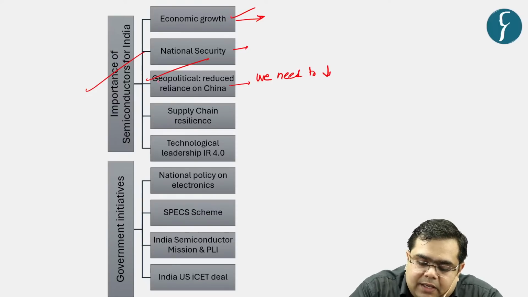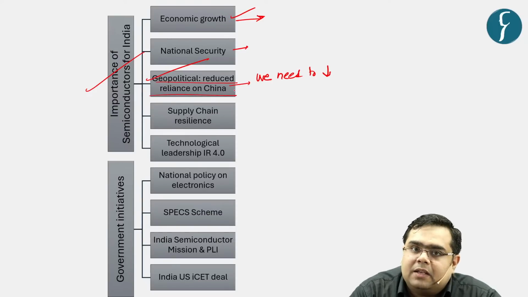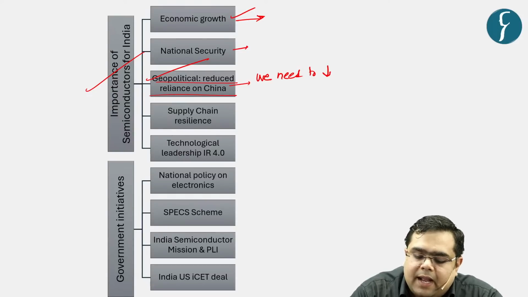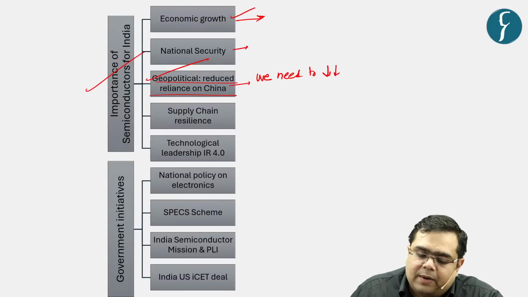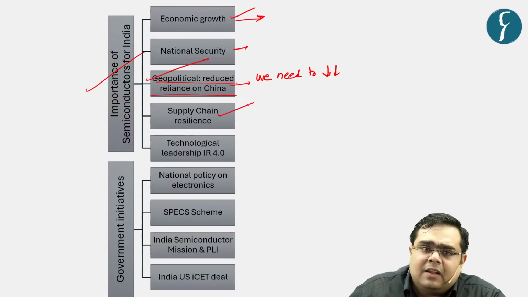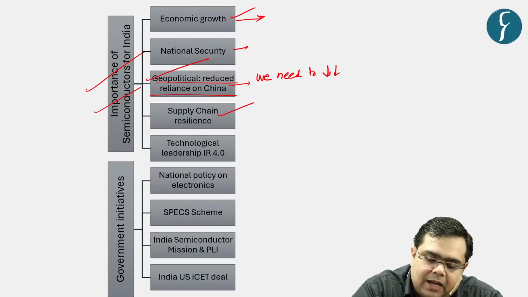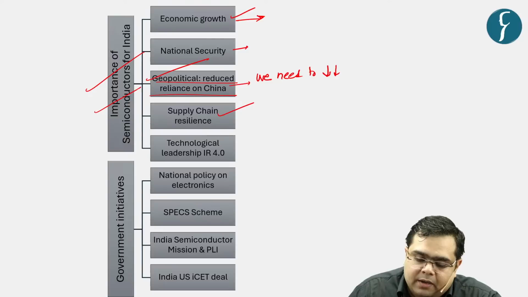So in this context, we need to be wary of the fact that China might in future come into conflict with India. So we need to reduce our dependence on foreign providers. Then, to improve our supply chain resilience as well, we need to invest in indigenous chipset production.